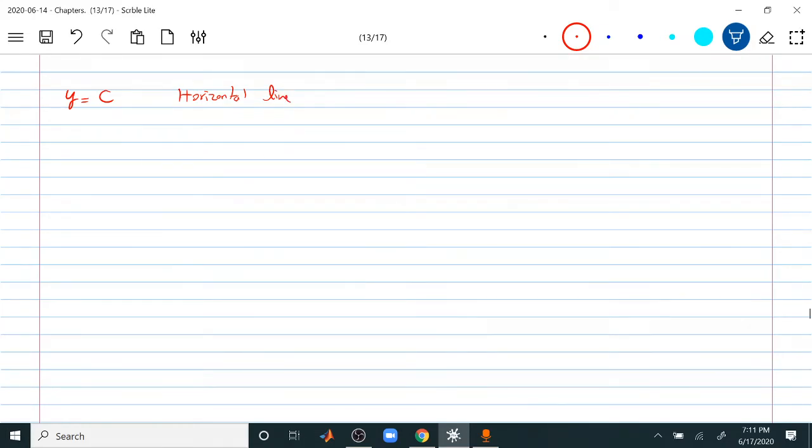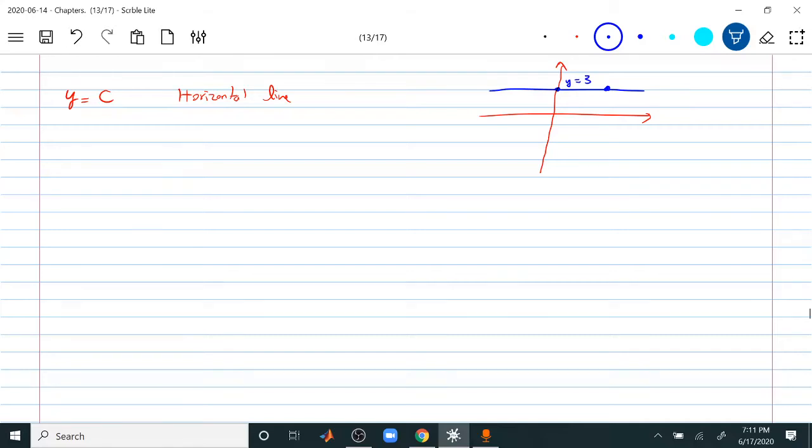Here's an example. I want you to pause the video and think about it. Here is an example, y equal to 3. This is a horizontal line. How do I find the slope? Think about picking 2 points and going through the definition.